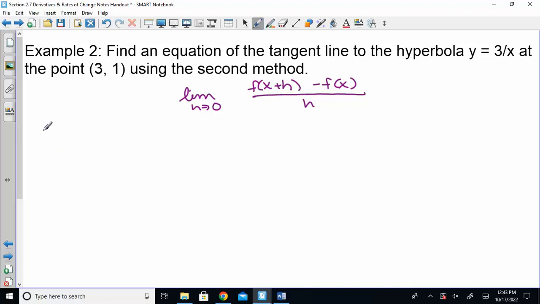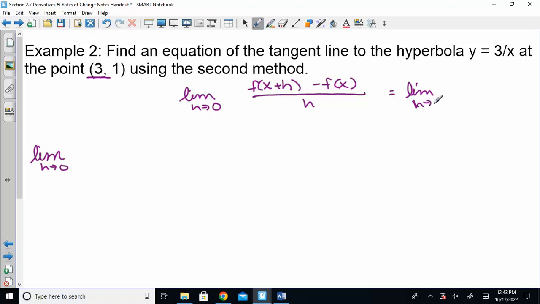So if I go through and calculate this, we have a limit as h approaches 0. What is my x in this scenario? Yep, if I want this point, my x is going to be 3.